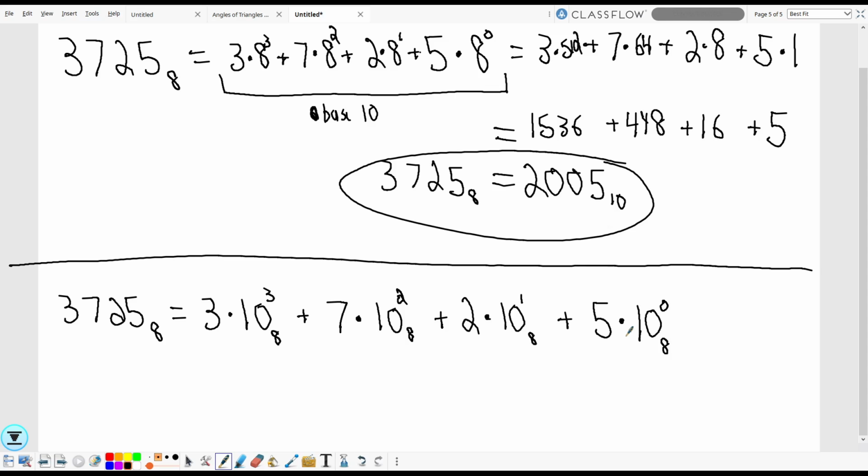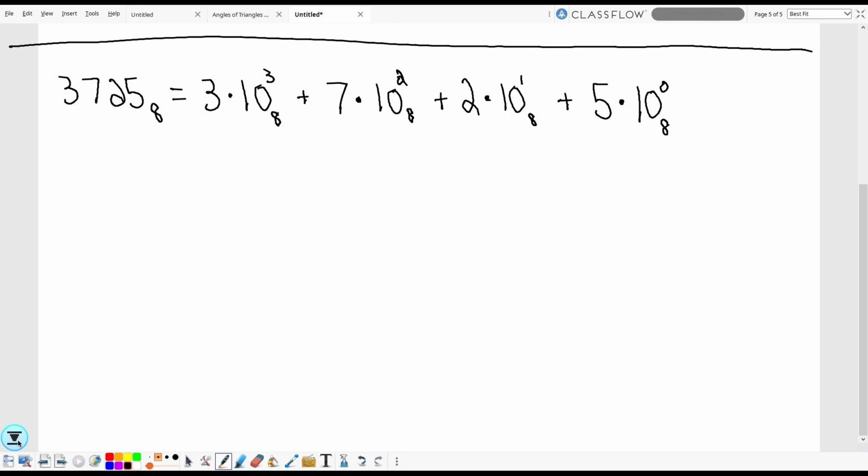This is a little weird, but within the octal number system, it's still kind of based on powers of 10. And the reason for that is, if we sort of think about what's going on, 1 in base 8 is equal to 1 in our number system, base 10. And 2 in base 8 is equal to 2 in base 10 as well.